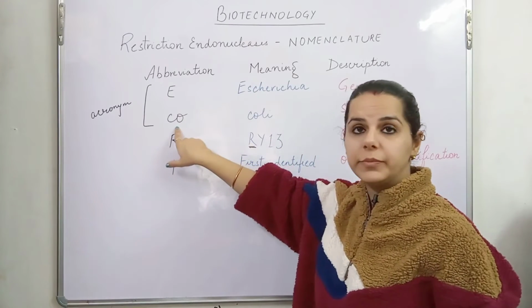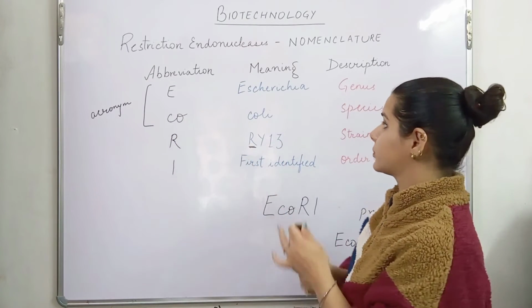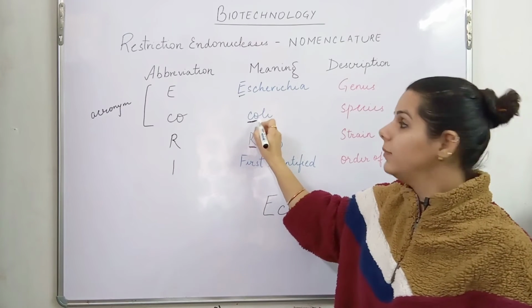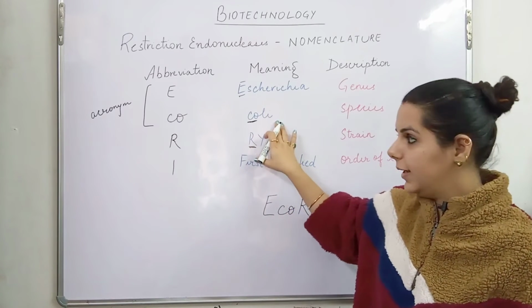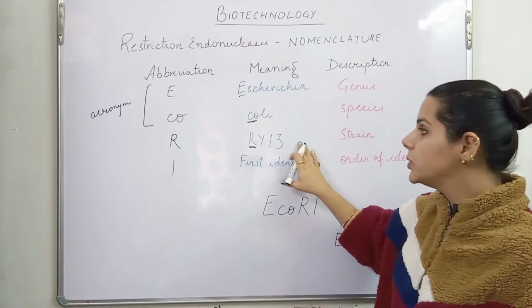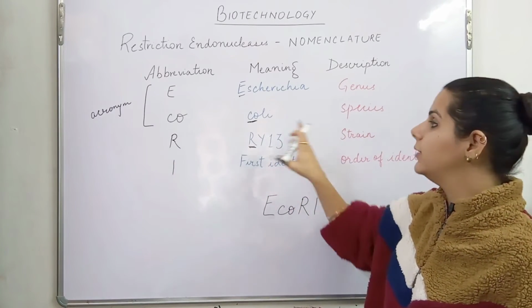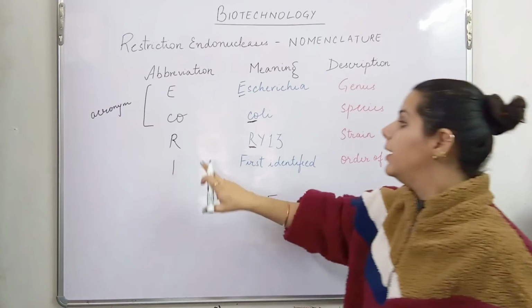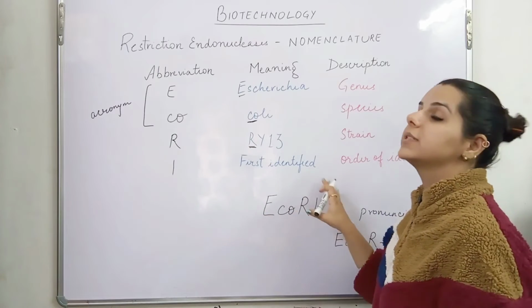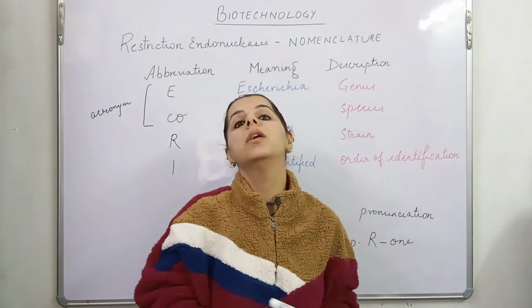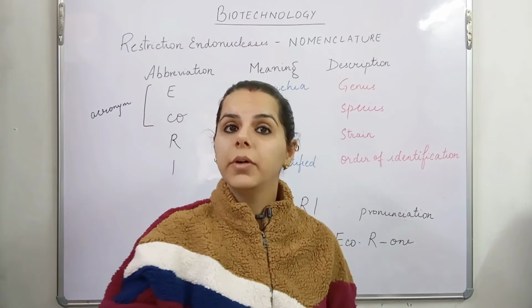The second and third letters account for the species name, that is co from coli. R is the type of strain, the full name of the strain is RY13, but we take only the first letter, R. And 1 accounts for the first identified, that is the order in which the enzyme has been obtained or discovered in the particular organism.